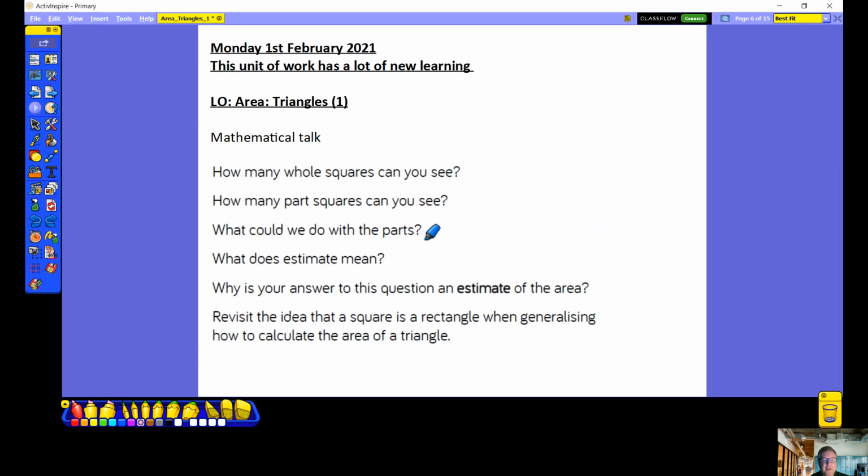What could we do with the parts of the squares? What does estimate mean? Why is your answer to this question an estimate of the area? And just thinking about a square versus a rectangle and how that fits together when thinking about the area of a triangle.